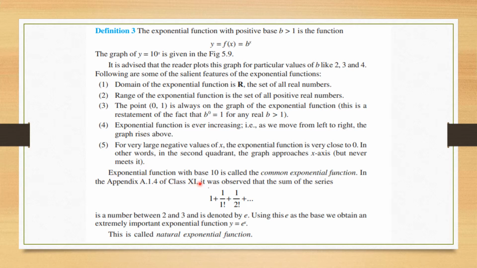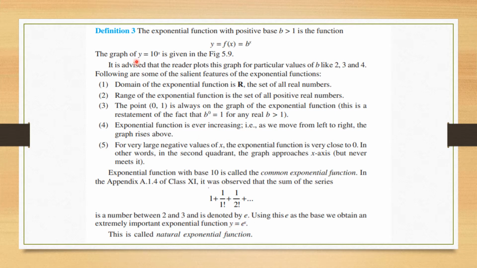So the exponential function with base 10 is called the common exponential function. In the appendix of the previous class, there was the sum of the series 1 plus 1 upon 1 factorial plus 1 upon 2 factorial and so on. This is a number between 2 and 3 and is denoted by e, and with this e as the base we obtain an extremely important exponential function y is equal to e raised to power x.